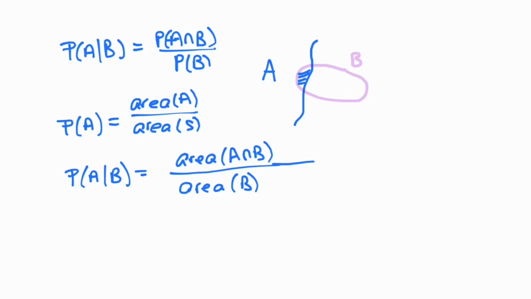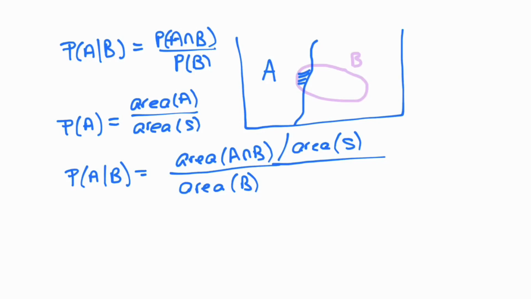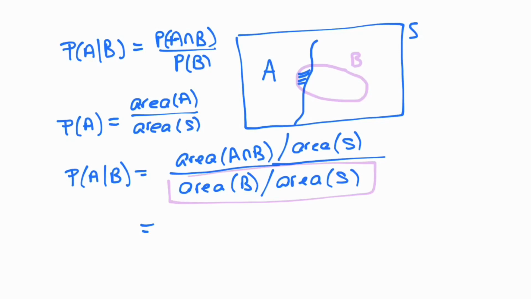Now I can divide the numerator by the area of S, which I erased, but which I can put back. And the denominator, I divide by area of S as well. So the two area of S's cancel away, but the reason why I put it back in there is because now the denominator is just the probability of B, following the same way of thinking about probability over here.